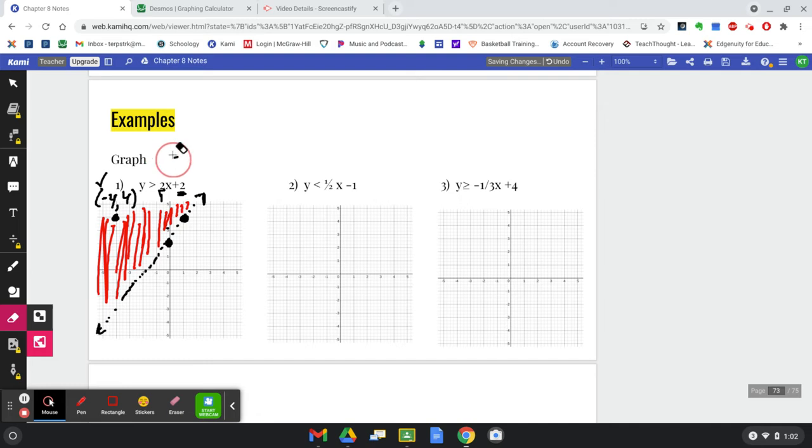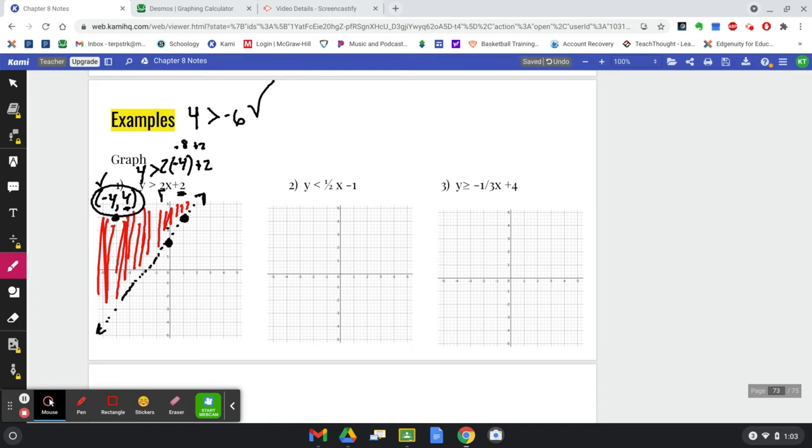So I want to know, is (-4, 4) a solution to that? So what I can do is I can plug 4 in for y, right, this value, and ask myself, is that greater than 2 times x, which is -4, plus 2? So 2 times -4 is -8 plus 2. So it's asking, is 4 greater than -6?